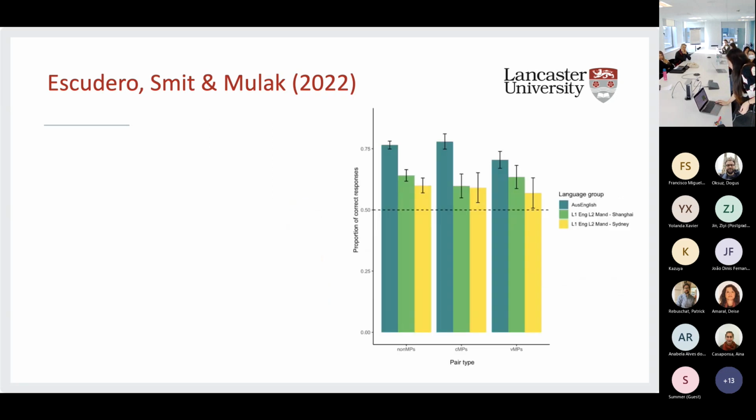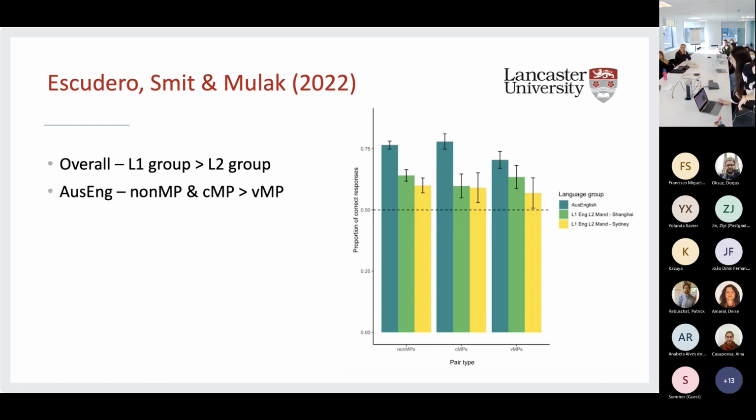And what they found is that overall, the English group, the L1 group, performed better than the L2 groups. So the dark green bars are the English native group. And for the English native group, they found a similar pattern as the 2016 study.